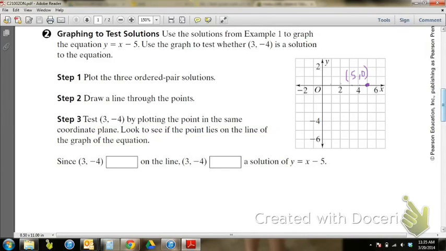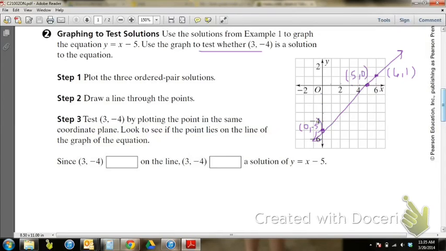So I go 6 to the right, because my x was 6, and up 1. So 6, 1. And the last one we got was 0, negative 5. So I don't go right or left any. And then I go 1, 2, 3, 4, 5 down and put a dot. Okay? Now I'm just going to connect these best I can. And if you want, you can use a ruler or a straight edge, something like that. Okay, so there's my graph.